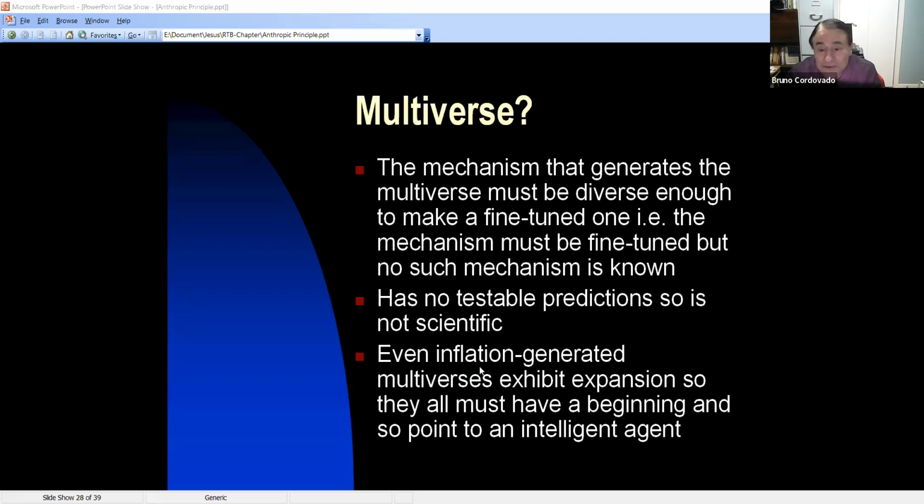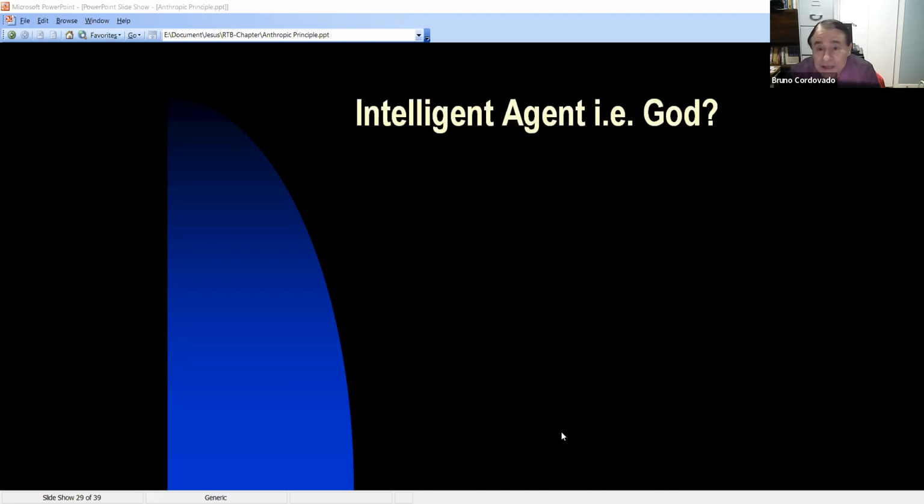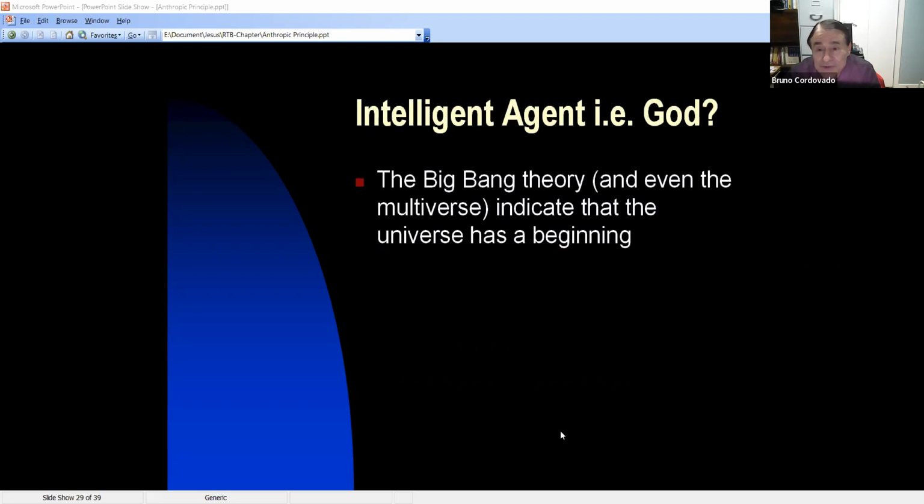And even multiverses that are created by inflation expand, and Jeff Zweerink talks about it more in his book, that even if you have multiverses, they all have a beginning. So again, it points to somebody that started the whole process. So then we come up with the most obvious explanation, which is that an intelligent agent, by that I mean God.